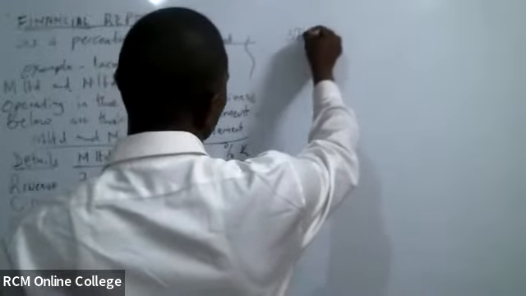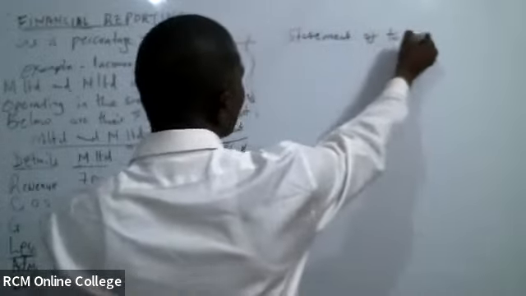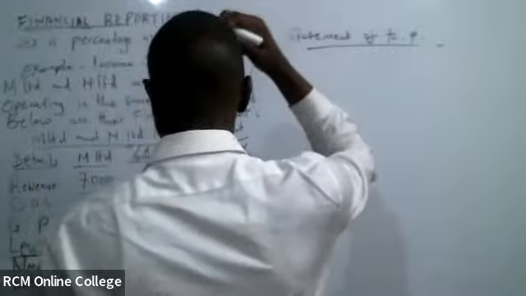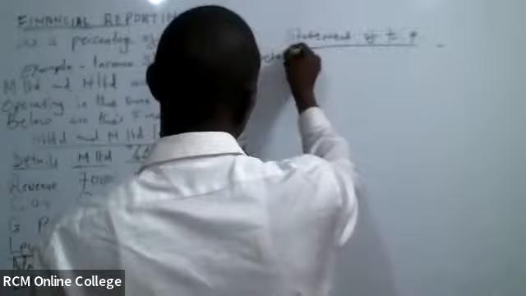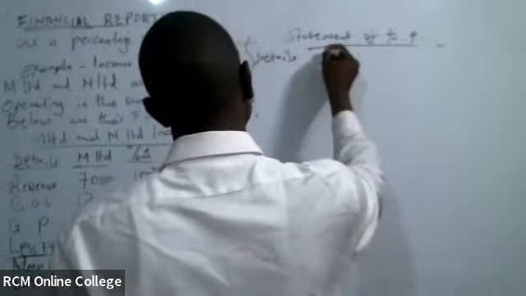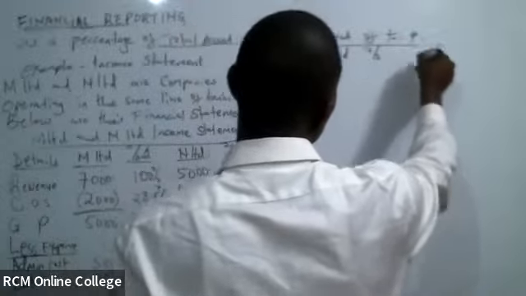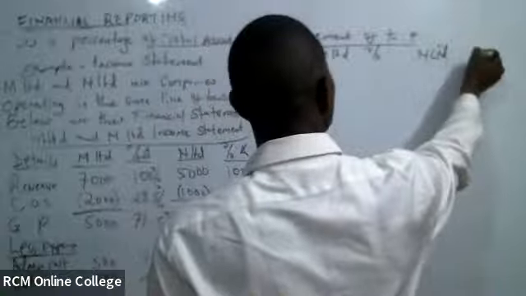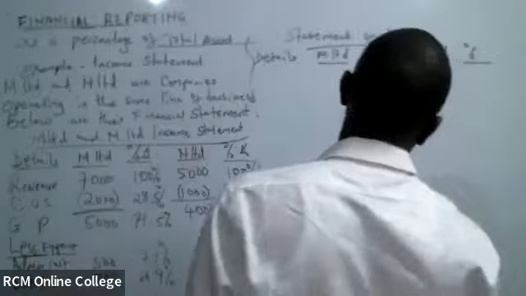So statement of financial position. For the balance sheet, still for M and N, I have M limited, percentage, then N limited, percentage.